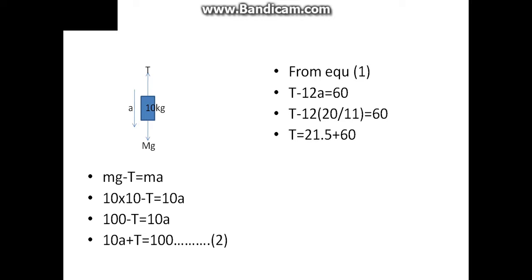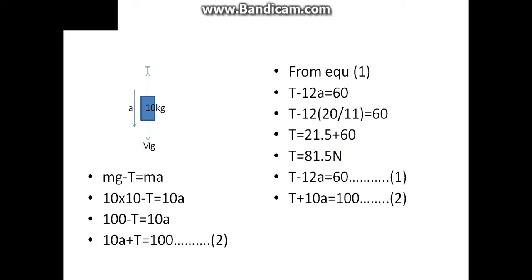Then, substituting the value back into equation 1, I have that T minus 12a is equal to 60. T, that is the tension, minus 12 times 20 over 11 is equal to 60.